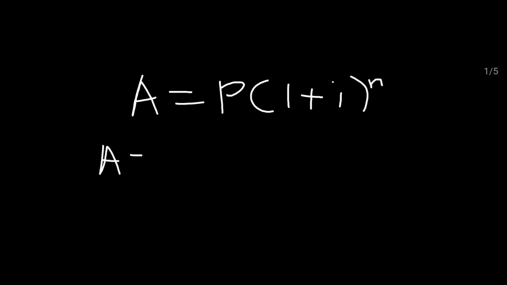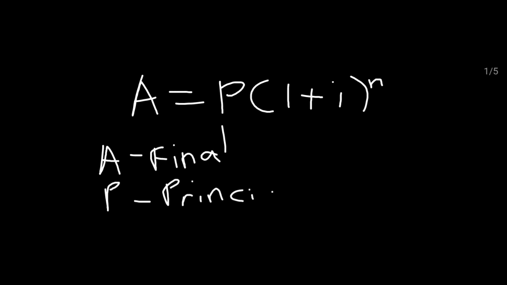So we use this formula to calculate the compound interest. A is equal to P into 1 plus i to the exponent of n. Now the values still mean the same thing, whereby A is still the final amount and P is still the principal amount.